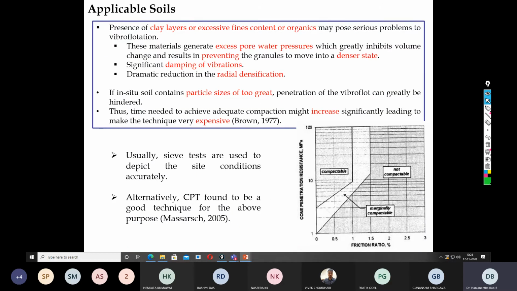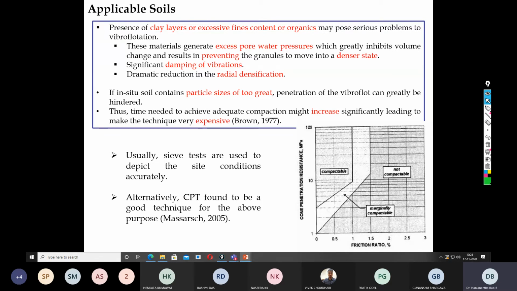So this is another interesting graph which also talks about the applicability of the soil type. If you look at the right side bottom graph, this is a relationship between the cone penetration versus the frictional ratio. So this is again the CPT only.